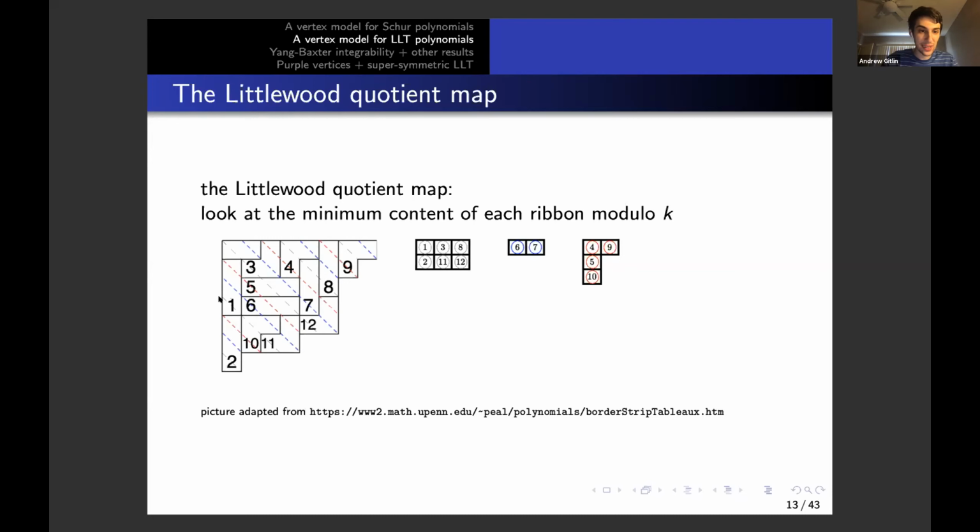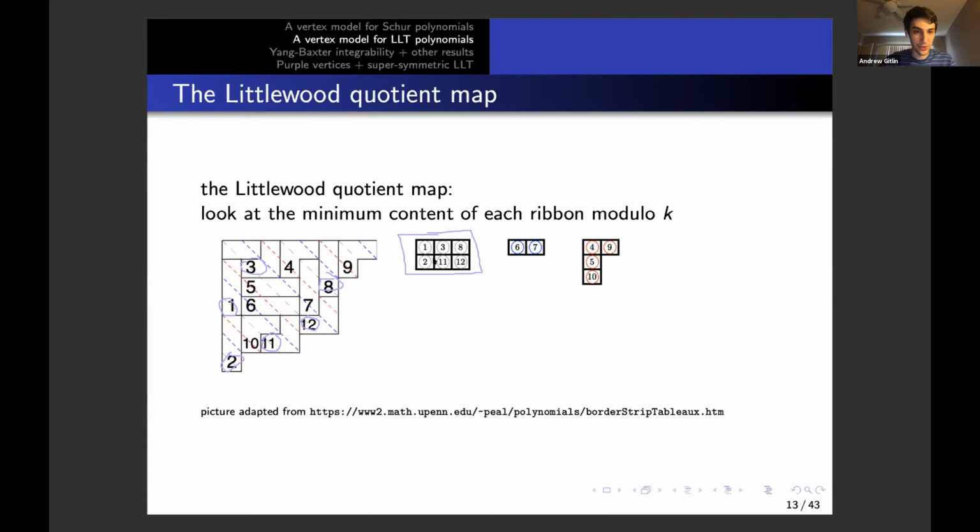And you can see that the 1, the 3, and the 8, 2, 11, and 12 ribbons all have their southwesternmost box on a gray line. So the content is 0 mod 3, and that becomes the filling of the 0th tableau in my tuple.